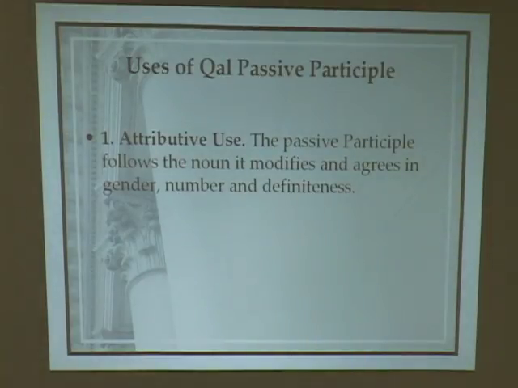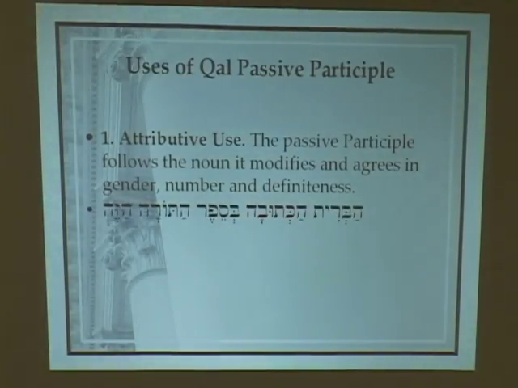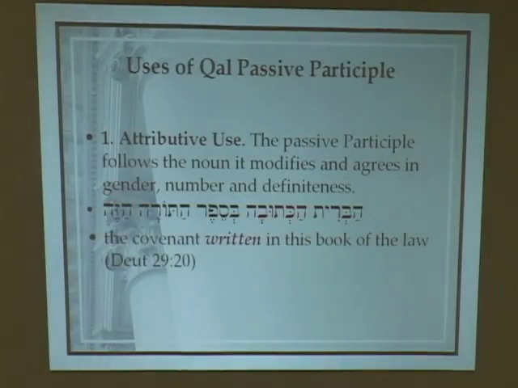Uses for the Qal passive participle. Same thing, attributive use. The passive participle follows the noun it modifies and agrees in gender, number, and definiteness, just like the active participle. For example, in this following sentence, Haberit haketuva besefer hatorah hazeh.